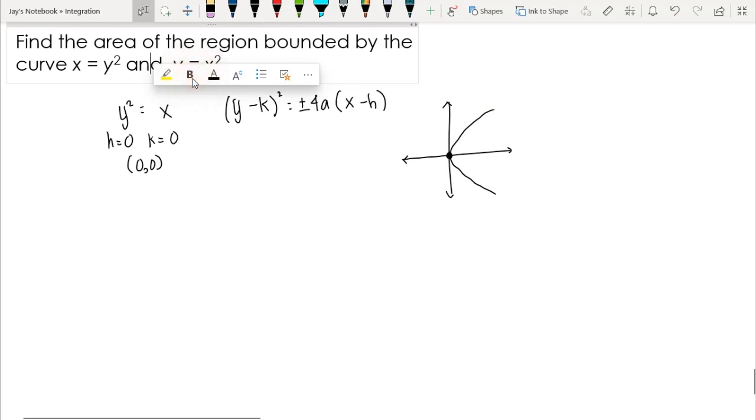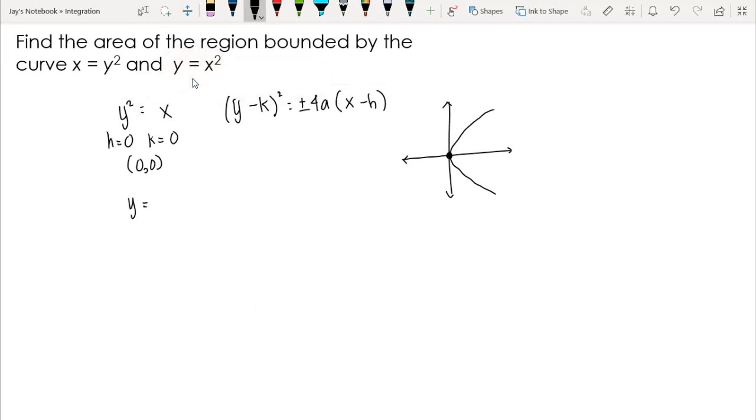Now for y is equal to x squared, or we have x squared is equal to y, it is the same form as (x minus h) squared is equal to plus or minus 4a(y minus k).